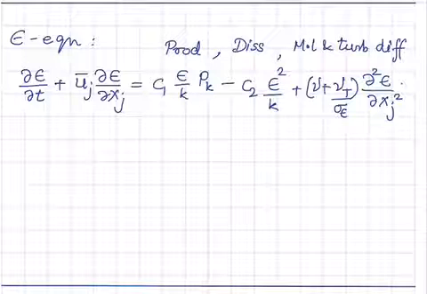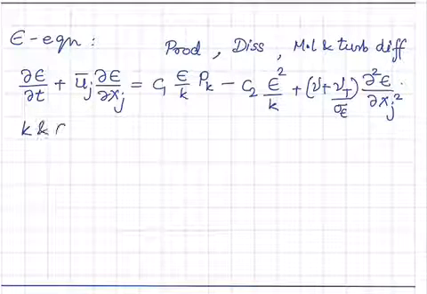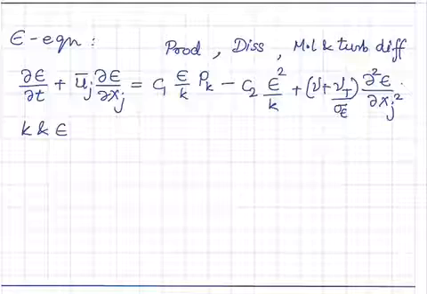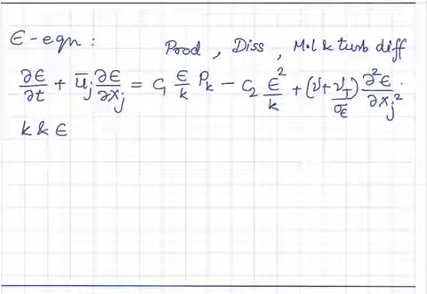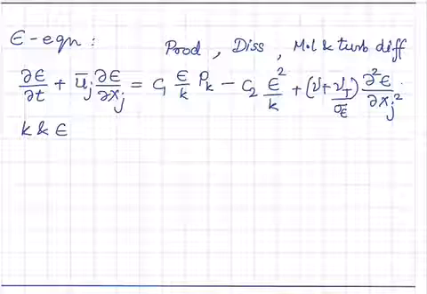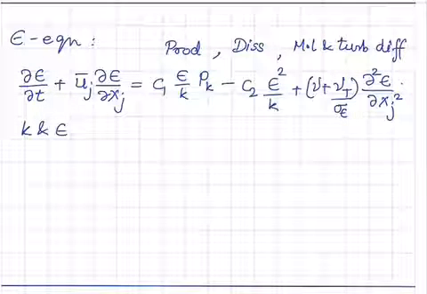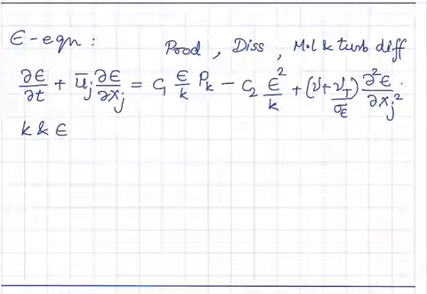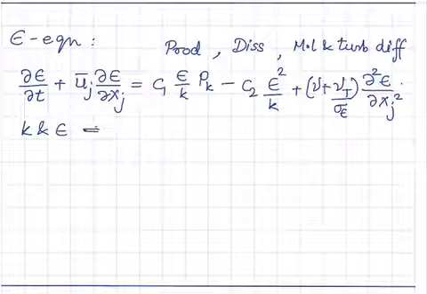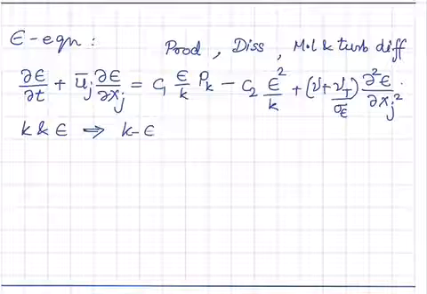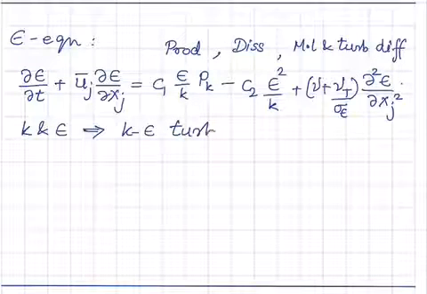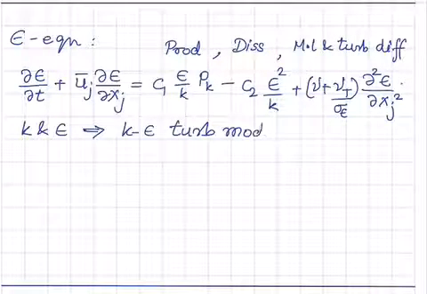So if we solve an equation for k and epsilon, along with the mean flow equations, there is a way to close this whole set of equations in which these two quantities actually determine the state of the turbulence, and they form what's called the k-epsilon turbulence model.